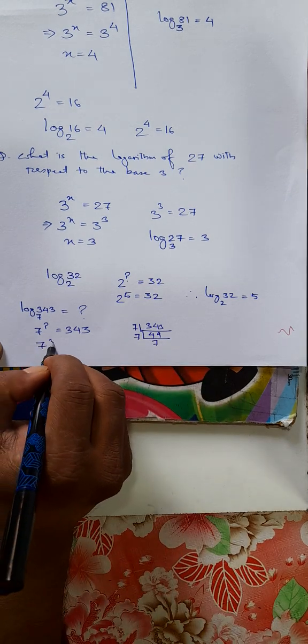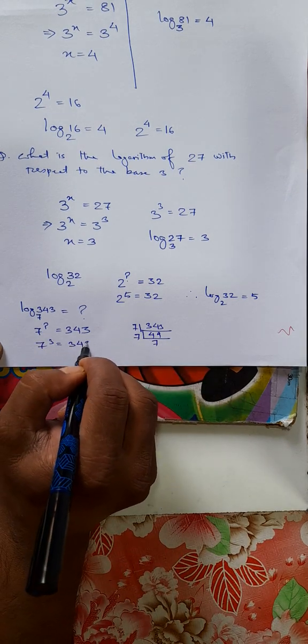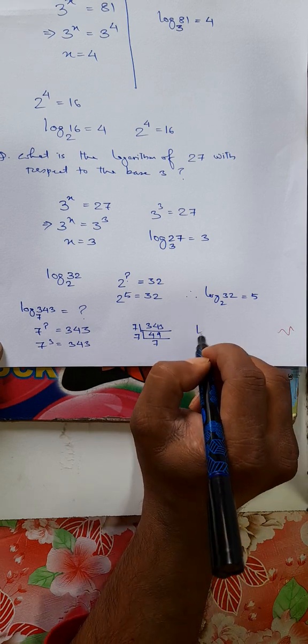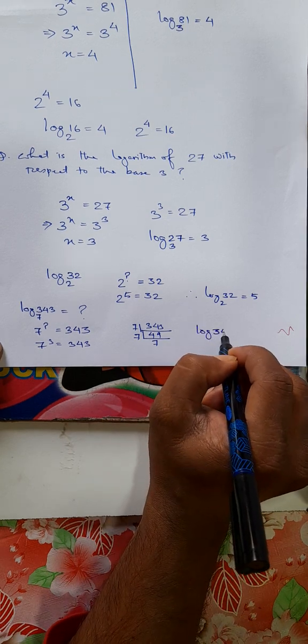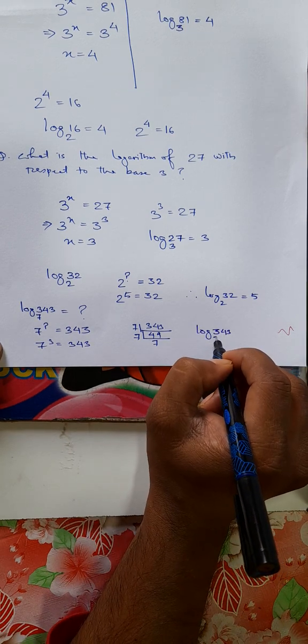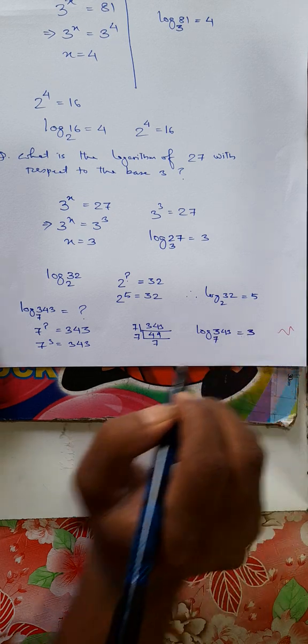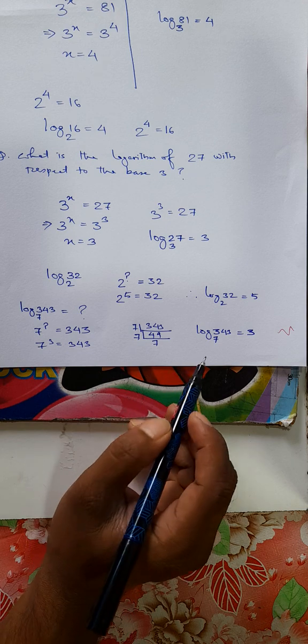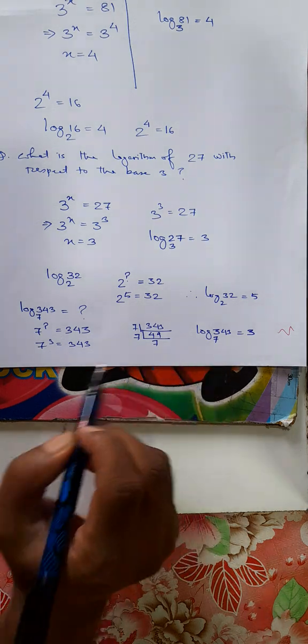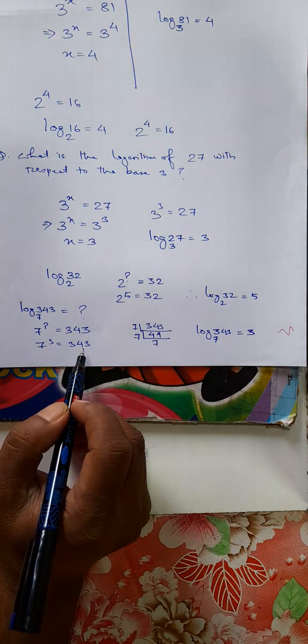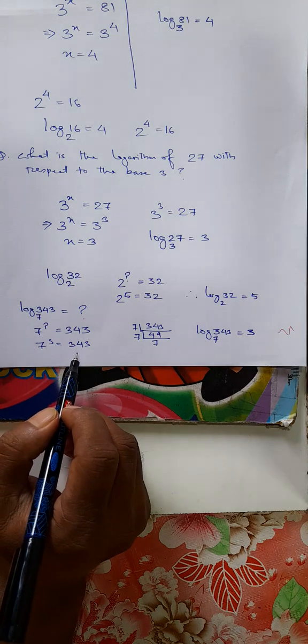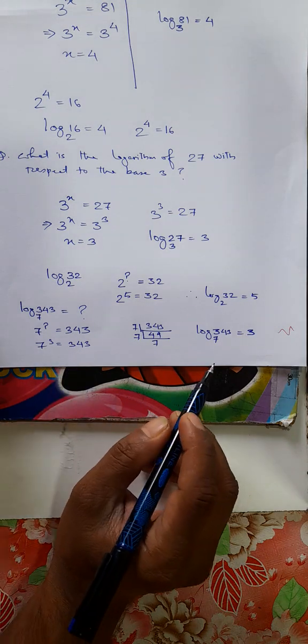So 7 cube equal to 343. So in terms of logarithm, we will write it as log 343 with respect to the base 7 equal to 3. Right? So when 7 is raised to the power of 3, it becomes 343.